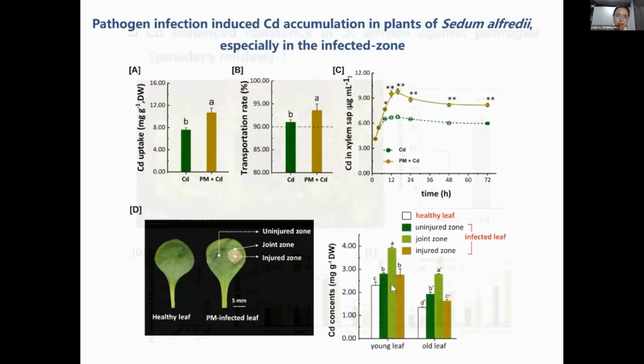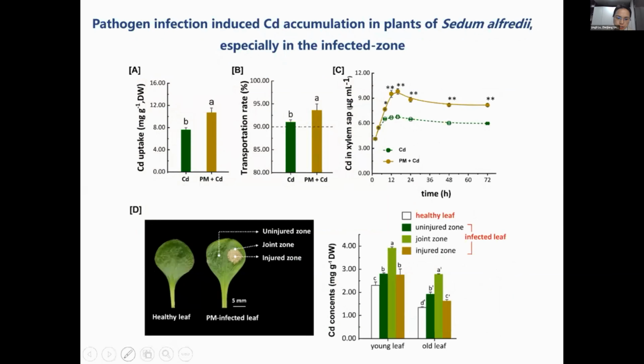Then we analyzed whether PM pathogen infection can induce cadmium uptake and accumulation in this plant species. We found that if the plant leaves were affected by the PM pathogen, the cadmium was much higher than in the healthy leaves.